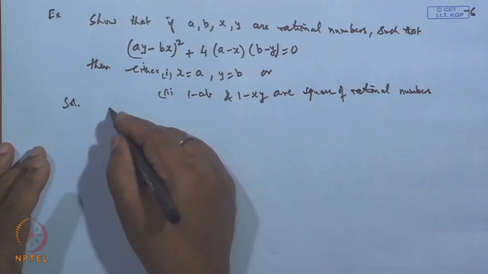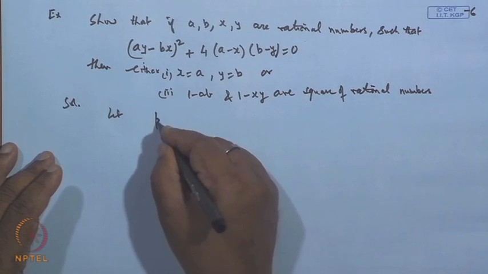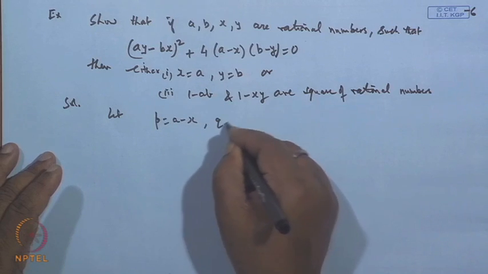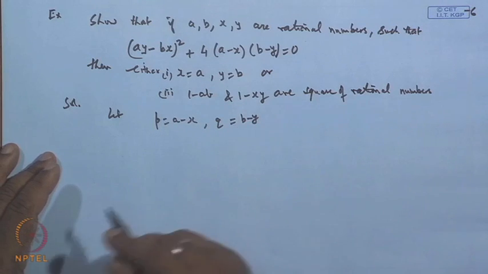Okay. So, let p be a minus x and q be b minus y.